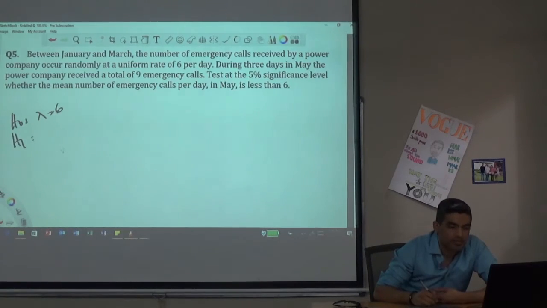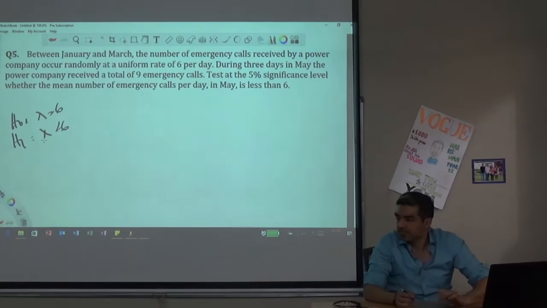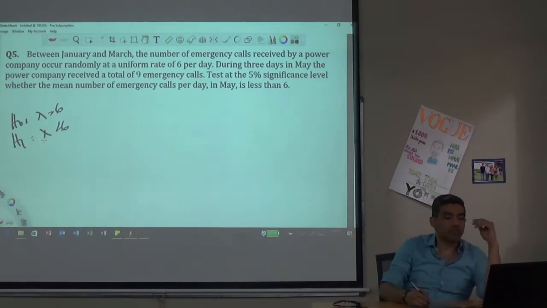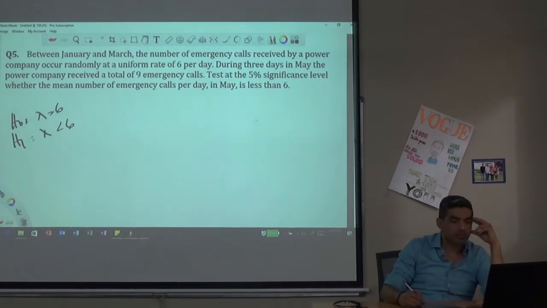H1, lambda is less than 6. It's 3 days complete. Yes, we will use that in the calculation for the hypothesis, so it's just lambda 6 and lambda less than 6. Now for the calculation, because we have taken a sample interval of 3 days, the lambda for our calculation is 18. It's above 15, so we can use the normal approximation here.